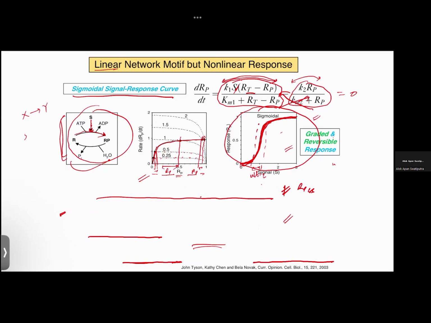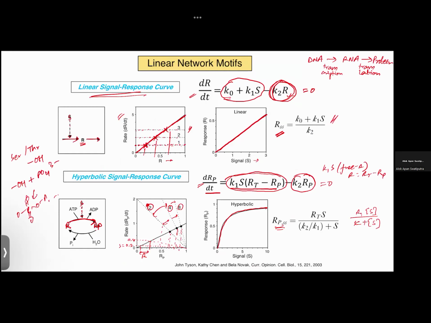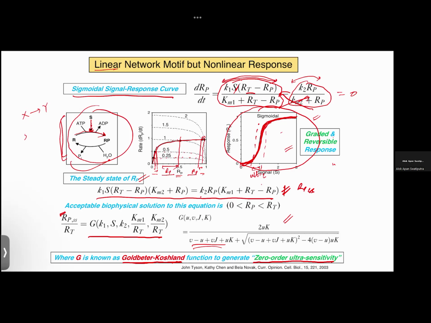If you get a hyperbolic curve, you know that X and Y are interacting in this fashion. If it's linear, in this fashion. So these are your experimental curves, and these will give you the idea of how to write down my equation so that I can correlate it with my experimental outcome. So this is how you model systems in systems biology.